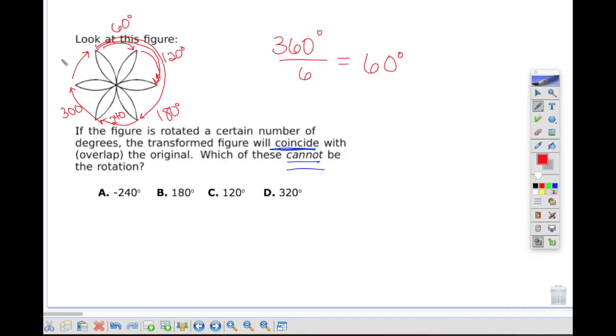And then obviously 360 would be all the way around. So obviously 180 would make it mapped onto itself, so would 120, and this is saying which cannot. 320 would not map it onto itself. Negative 240 would mean we go backwards, in the other direction, and that one would work.